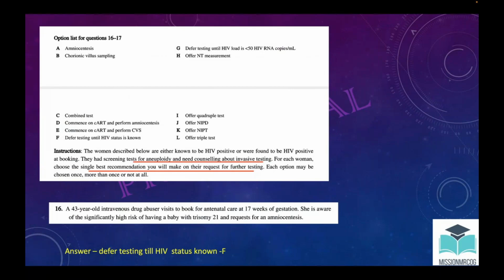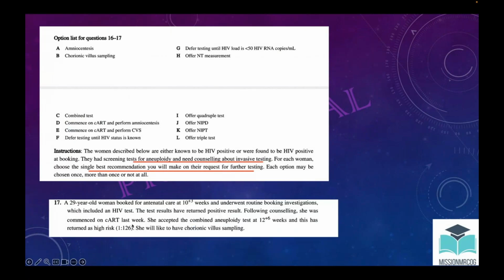Either the patient is HIV positive or found to be HIV positive at booking, so they are doing the test at booking, because the question doesn't mention she is positive. Now the HIV result comes positive. She has to go for CVS. So what will be the answer?